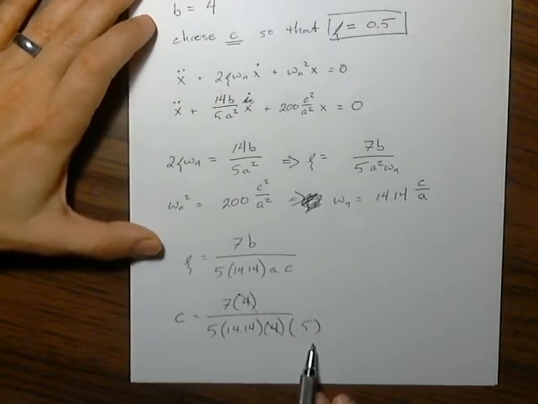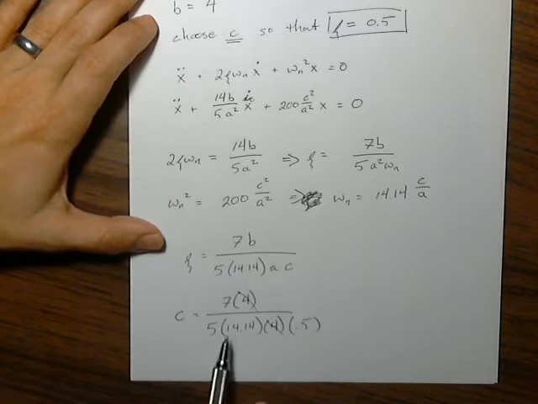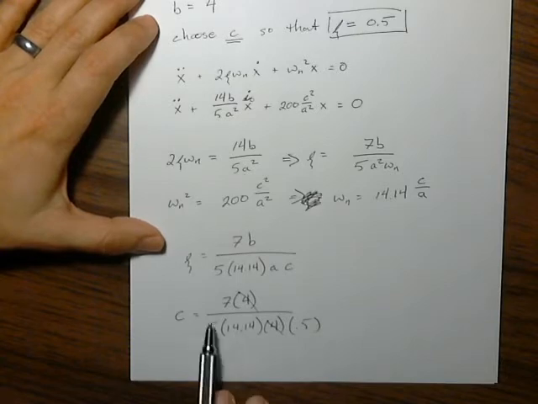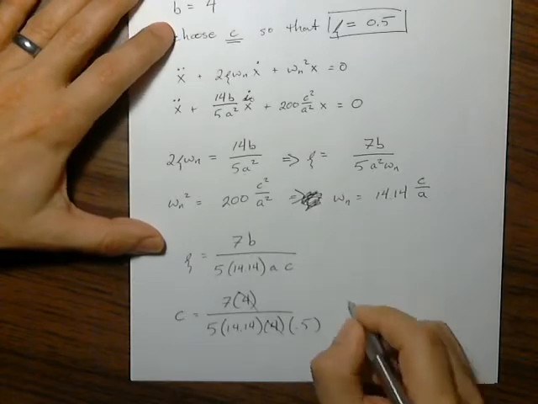Let's see. That's 1.4. So that's roughly, let's see if I can do this without the calculator, just for fun. So that's roughly 0.1. I'm going to say that's 0.05.